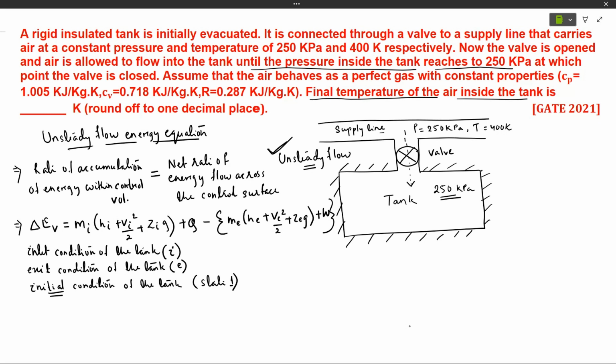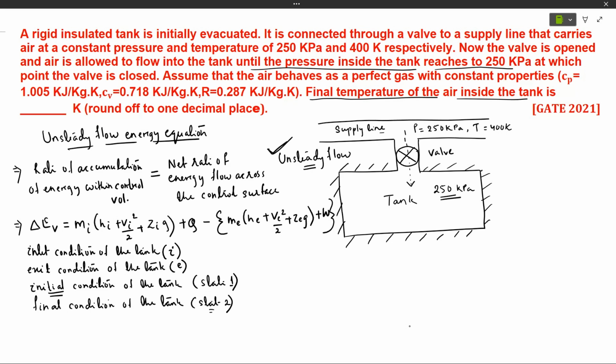Next we consider the final condition of the tank, represented with state 2. It means after filling the tank, what would be the magnitude of mass within the tank, or the magnitude of energy within the tank. That is represented with state 2.